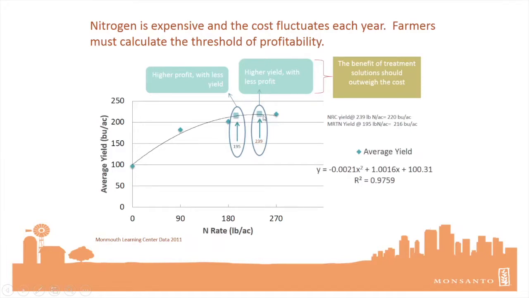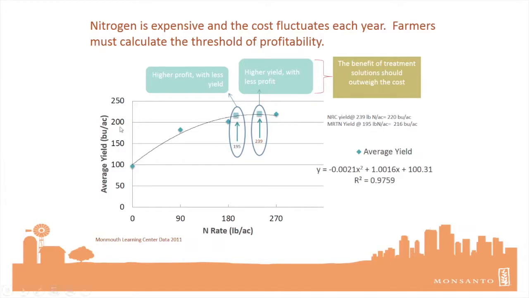We did gain in yield, but the return on your dollars for that 44 pounds of N definitely didn't equal the additional, basically this was 220 and this is 216. So we gained 4 bushels an acre between these 2 points for 44 pounds of N. If you run the math on that, that just doesn't pay.